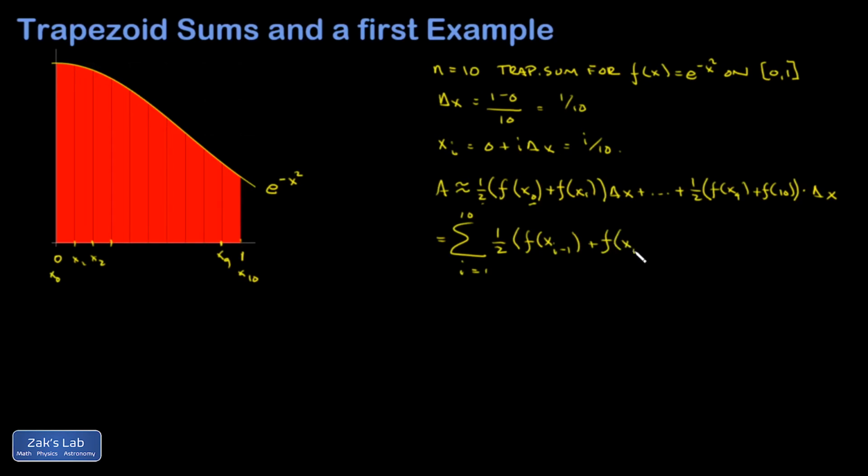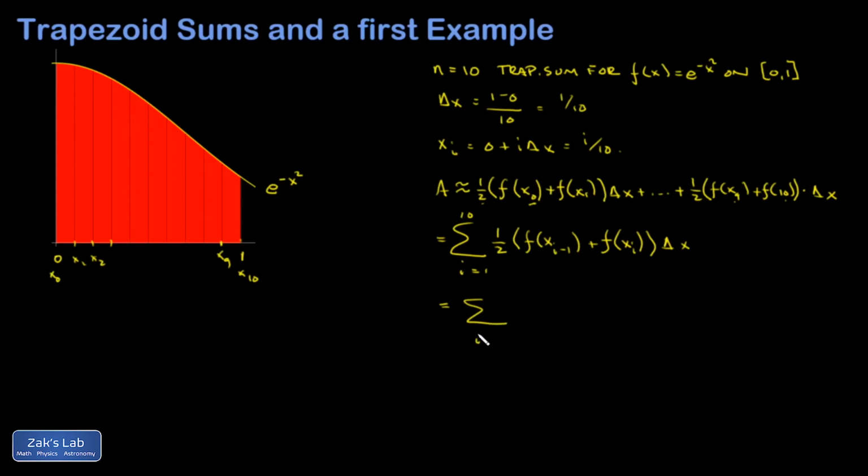The next one is going to have a subscript of i, times delta x, and then I double check real quick that I get the first and last ones correct. So when I plug in i equals 1, I get f of x0 plus f of x1 over 2, so that's what I have here. When I plug in i equals 10, I get f of x9 plus f of x10. So everything checks out, and we're ready to actually plug this in.